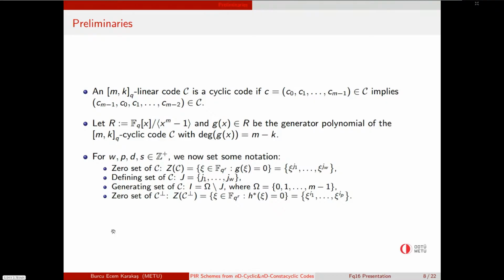These are the preliminaries. A linear code is cyclic when, if a codeword is in C, then its one cyclic shift version should be inside C again. R is a quotient ring, g(x) a generator polynomial, and here defining sets and generating sets rely on the zeros of the cyclic code C, and then take the exponents of the primitive roots.